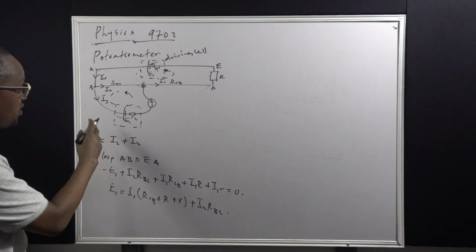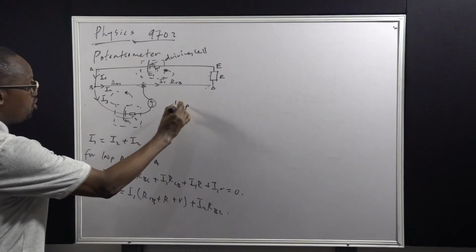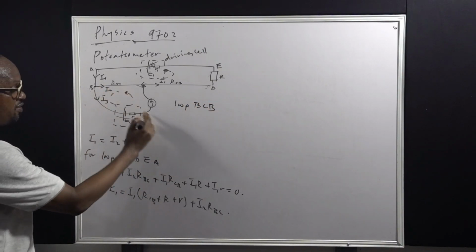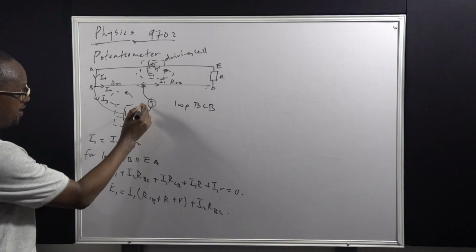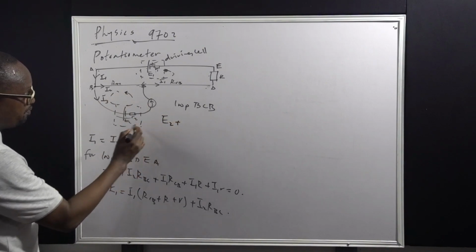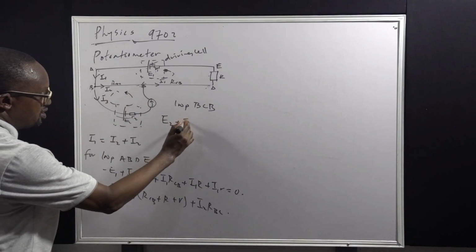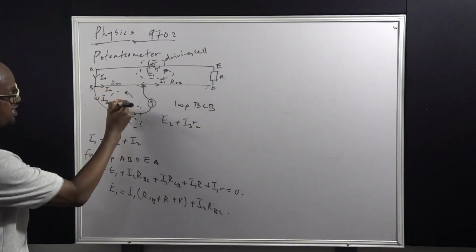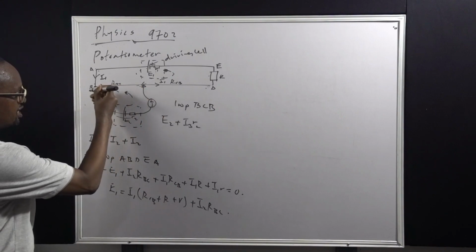If you look at this smaller loop, for loop BCB, I'm going to have E2 plus the PD across R2, I3 R2, but the loop direction there is opposite to the current direction.